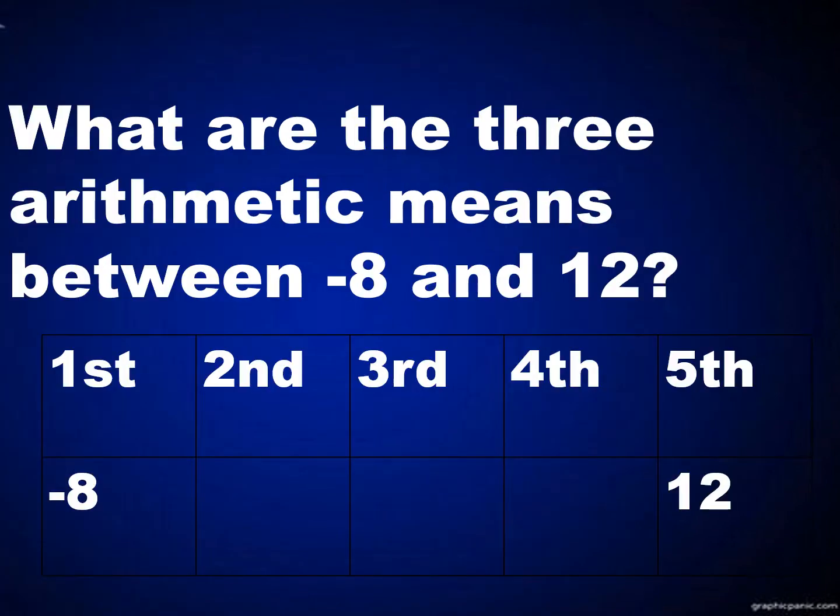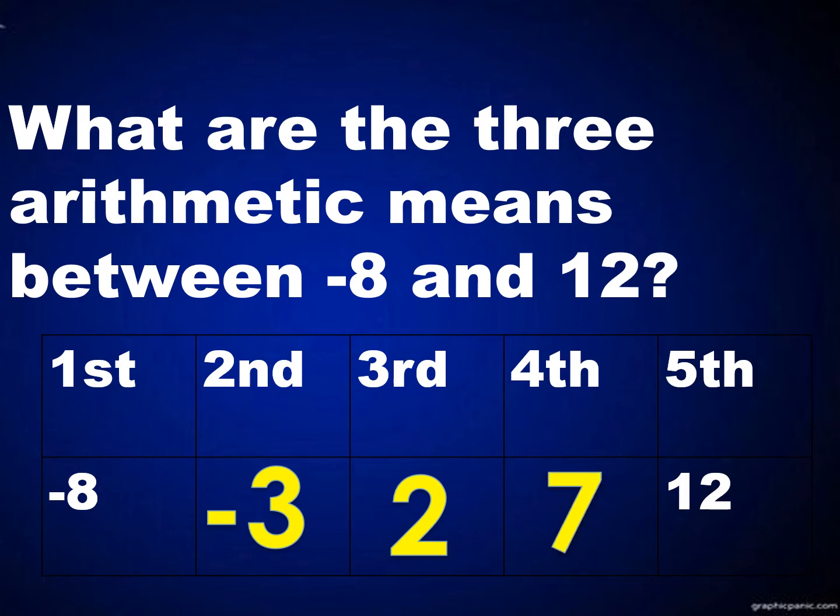Okay, since nakuha na natin yung common difference natin ay 5, what are the three arithmetic means between negative 8 and 12? So, you have your negative 3. Bakit negative 3 yon? Negative 8 plus 5. Yung meron kang negative 3. Then, we have 2. Bakit 2? Negative 3 plus 5. Meron kang positive 2 na sagot.